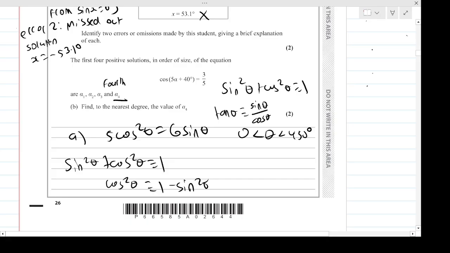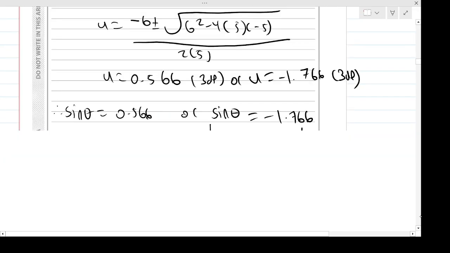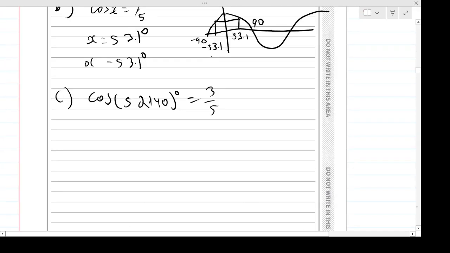So again, let's just proceed by solving this. If I did inverse cos of 3/5, the angle we get for 5 alpha + 40 is 53.13 to two decimal places.